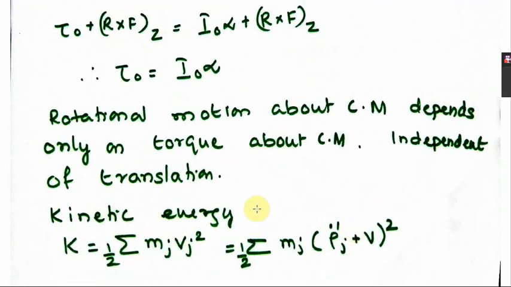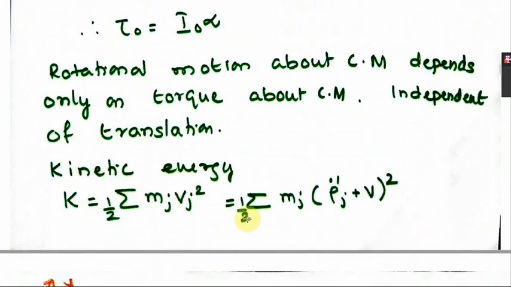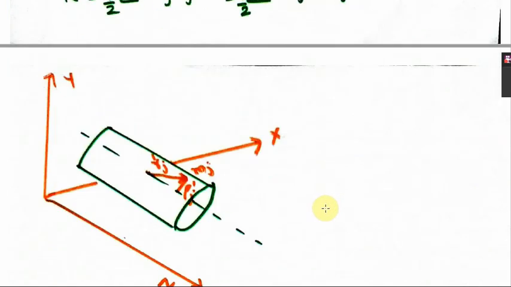Now coming to kinetic energy. Kinetic energy is half mv squared. So we are considering n number of particles and we have to sum up the kinetic energy contributions due to each of those particles. That is K is equal to half sum over mj vj square. That is equal to half sum over mj, and vj I can split up as I can show in the figure. This is the jth particle. This is rj prime and this is the perpendicular distance rho j prime.